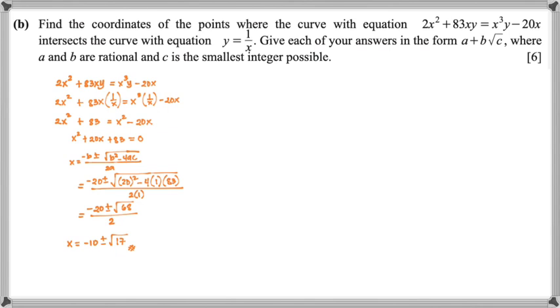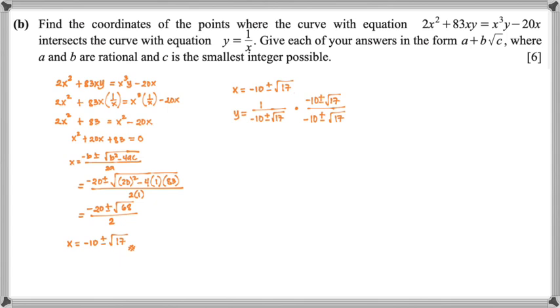So, to get y, y is equal to 1 over negative 10 plus or minus the surd of 17, multiplying that by negative 10 minus plus the surd of 17 on top and bottom.